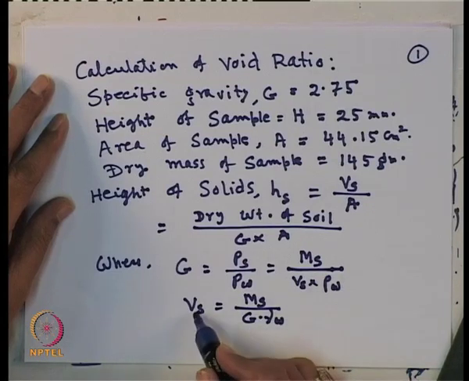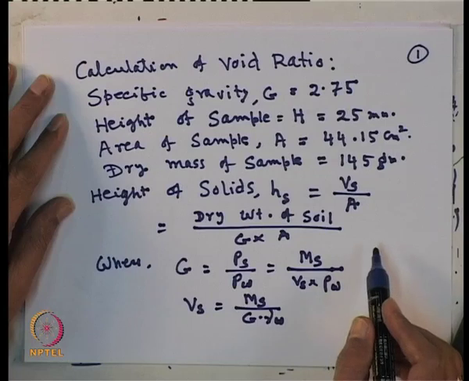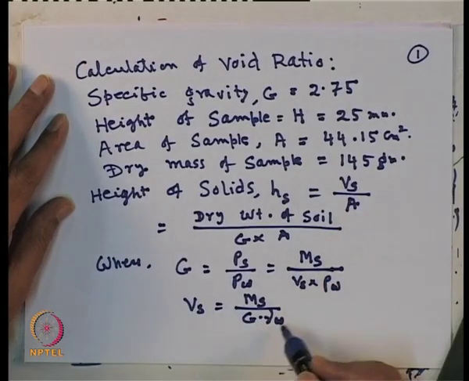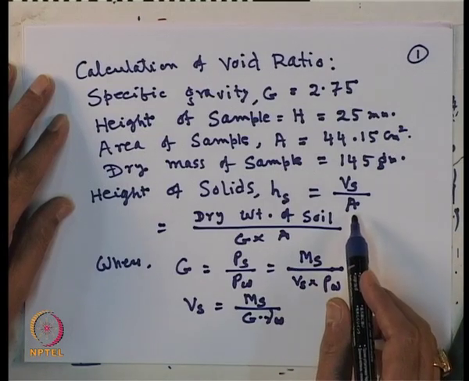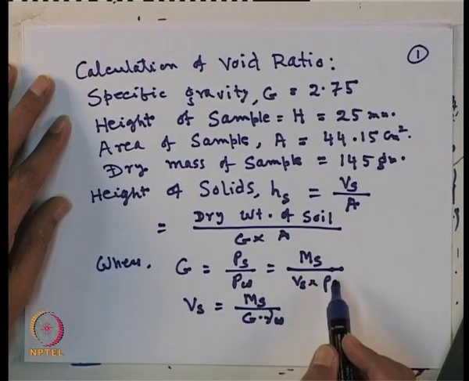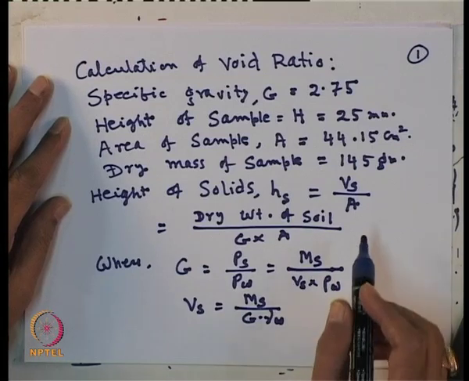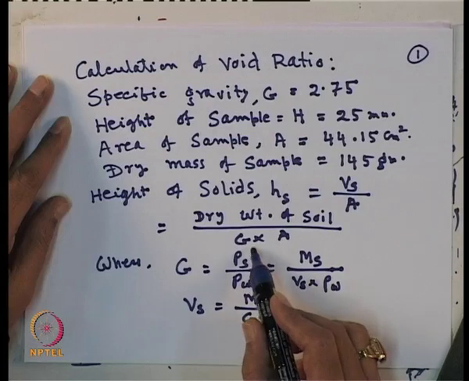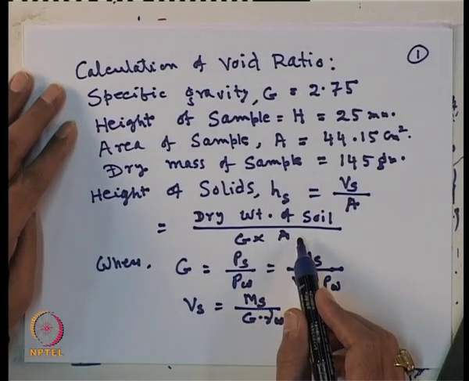So, you know the V_s. V_s is equal to M_s by G gamma_w into A. Okay. So, that is why we can write the dry weight of the soil divided by G by A.